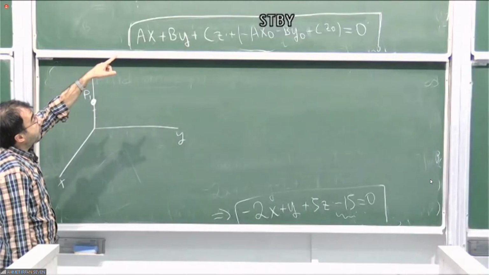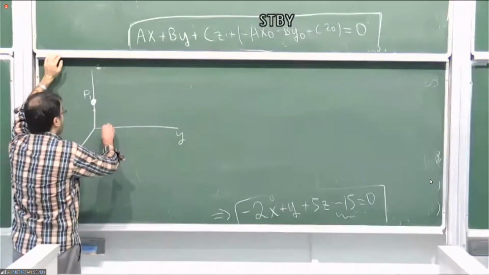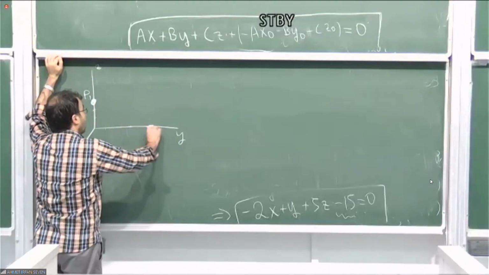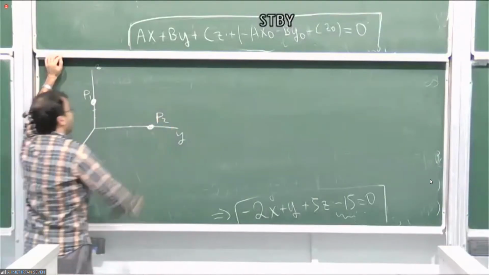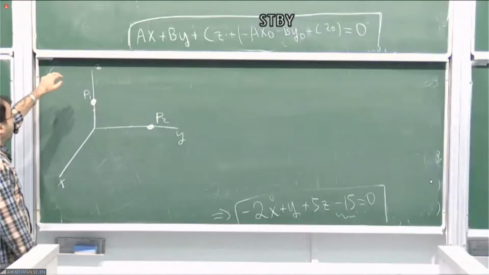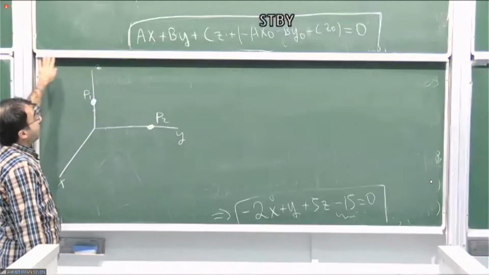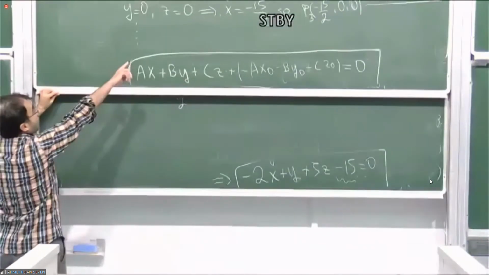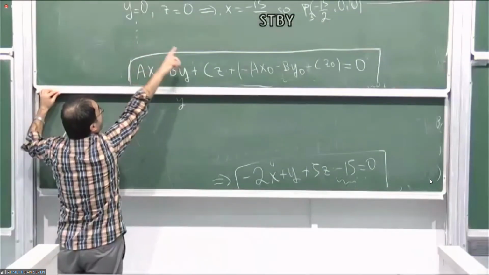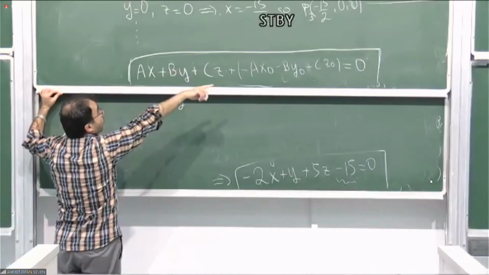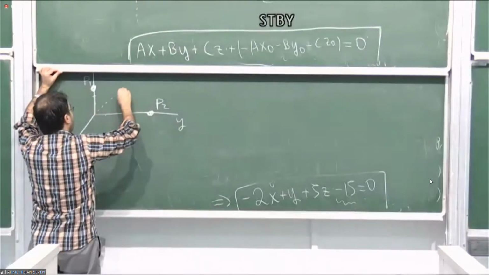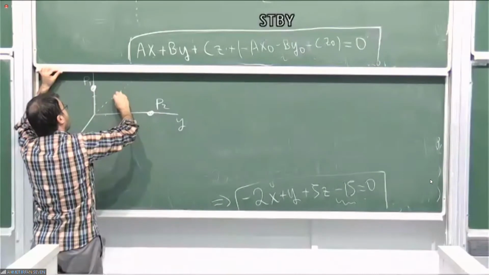Then y is 15 will be on the y-axis, right? So let's say P2 will be in here. Similarly, y equals 0, z equals 0, x is minus 15 over 2. So it will be on this side, somewhere here.